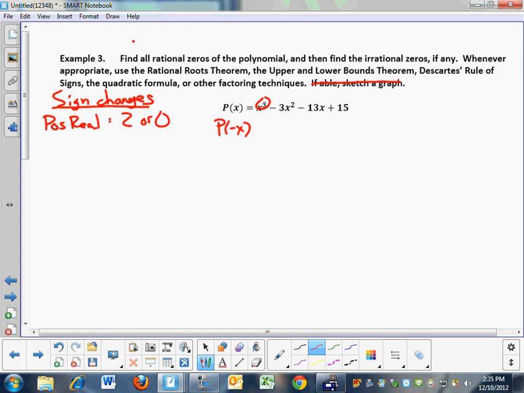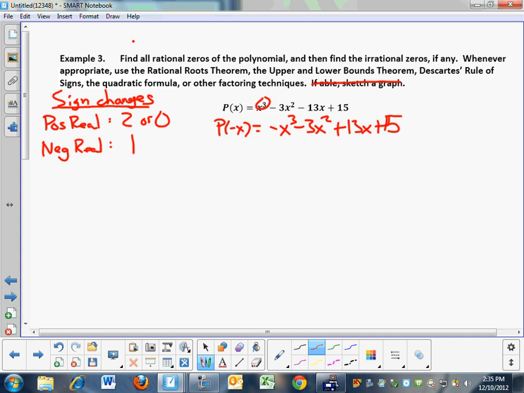If I plug in negative x, how does this change? We got negative x to the third minus 3x squared plus 13x plus 15. How many sign changes are there? 1. So negative real solutions, I would have 1.